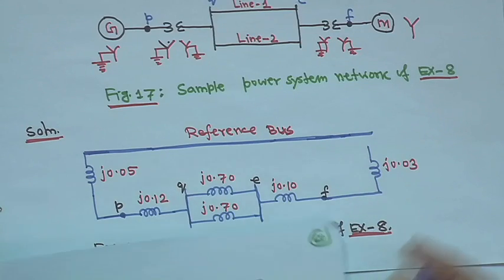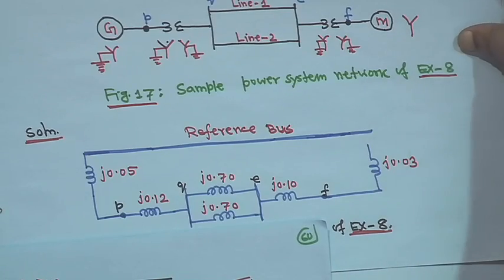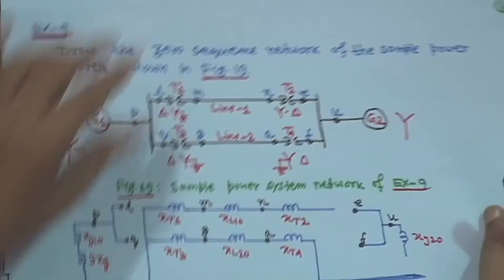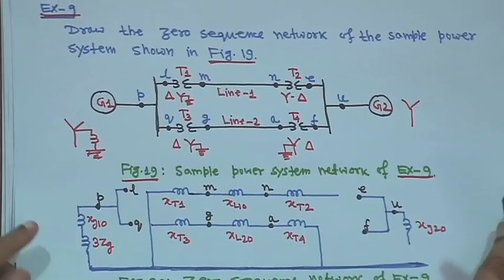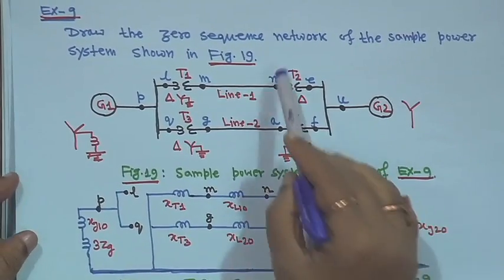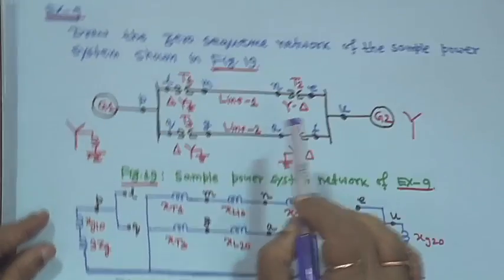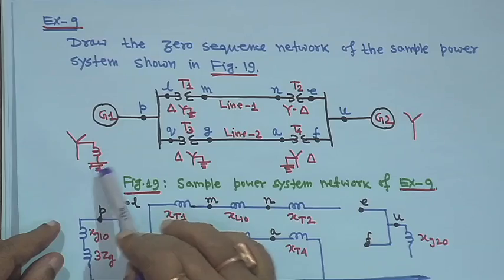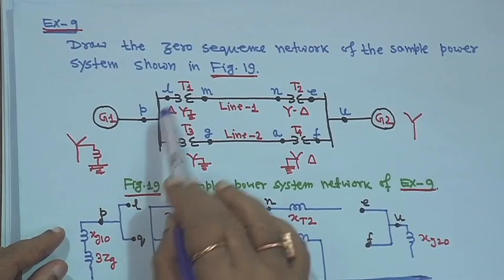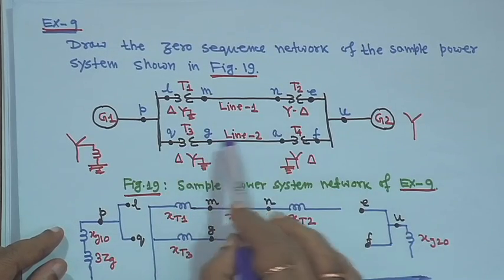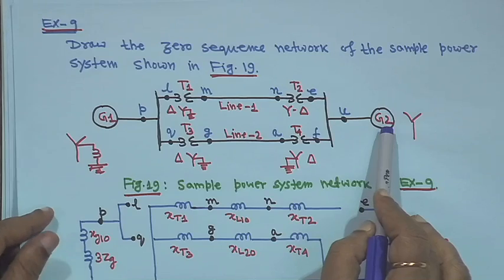I have shown you all the versions, and this looks like the last one. Draw the zero sequence network of the sample power system shown in figure 19. You have a generator, star grounded, and points marked P, A, L, M, N, E, Q, G, A, F, U; I have marked them, but you can mark your own.